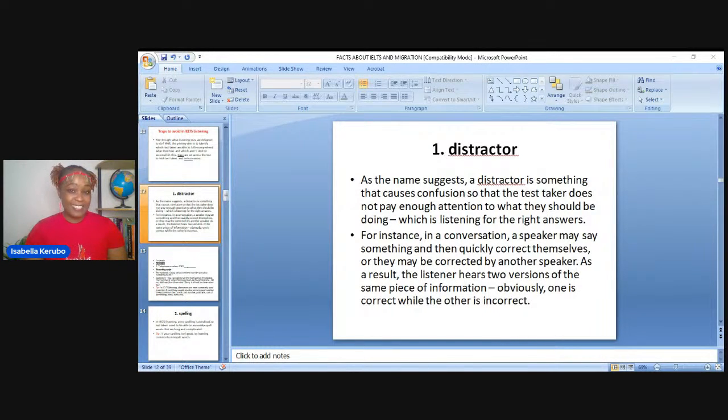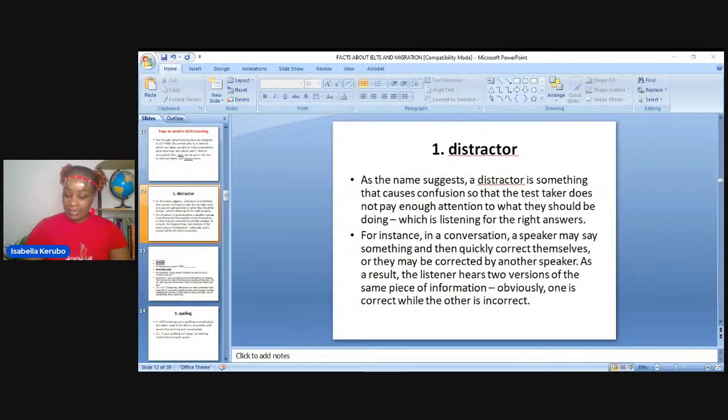In 99% of the cases, as you are listening, you are reading through the questions and writing the answers. All the things that you hear in that audio that could be answers, they are there.